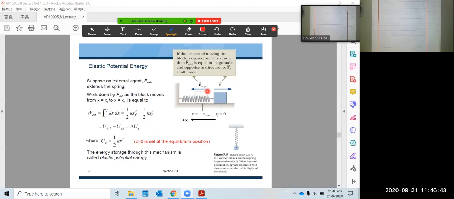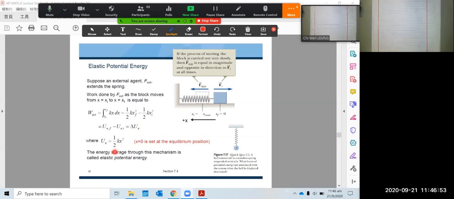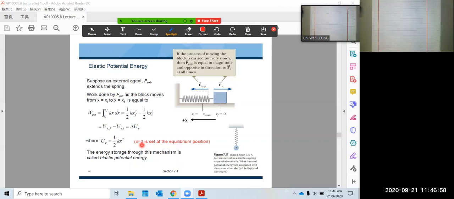Consequently, if you have an external applied force that extends or contracts the spring, the work done by this external force is equal to 1/2 kx squared. And notice that the x is the extension from the equilibrium position, extension from x equals 0.